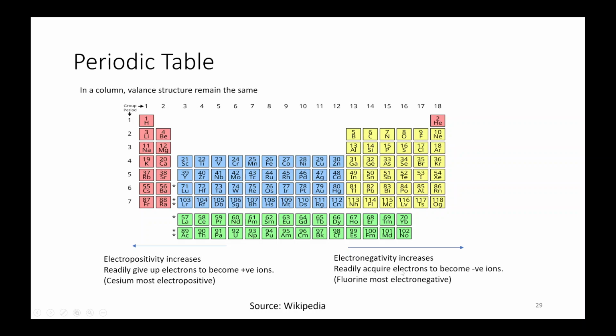They readily acquire electrons to become negative ions, and fluorine is most electronegative. While as we go to the left side, electropositivity increases. They readily give up electrons to become positive ions. Cesium is most electropositive.